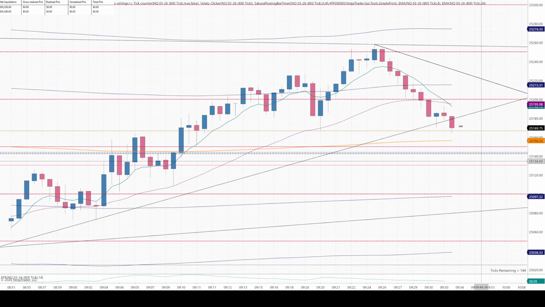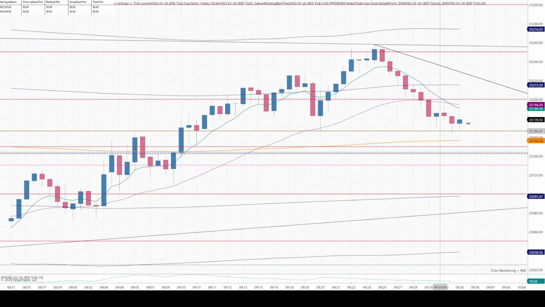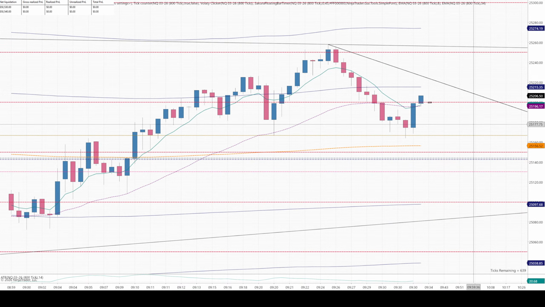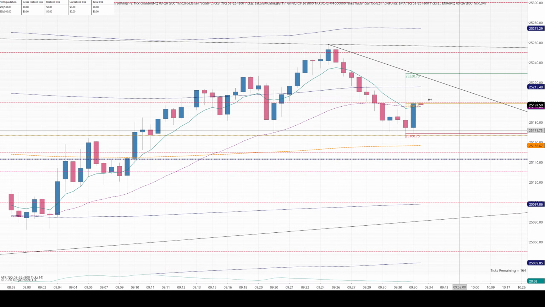Making our way down to the VWAP, potentially. Okay, bullish trigger here, but we're in an area of resistance here, so let's see.